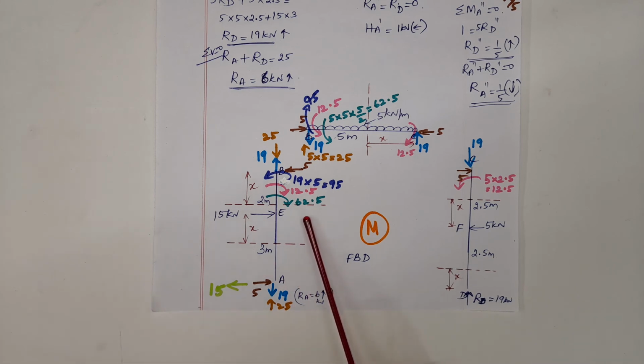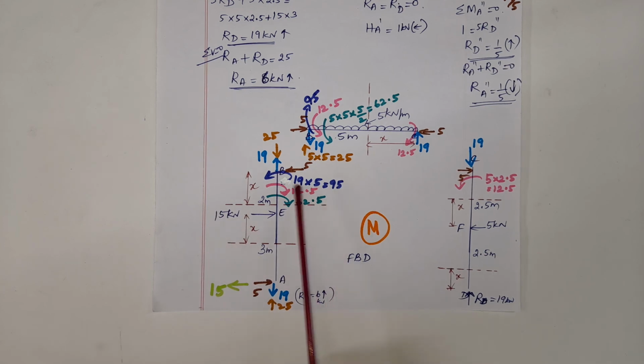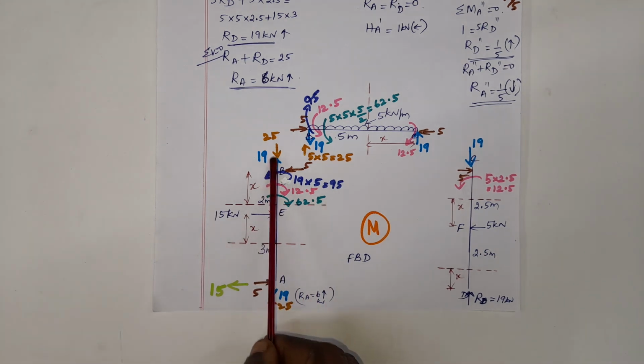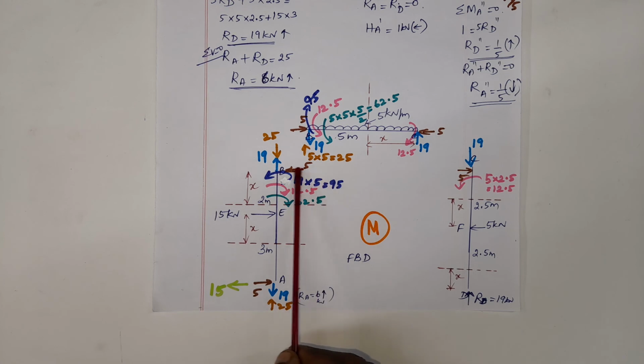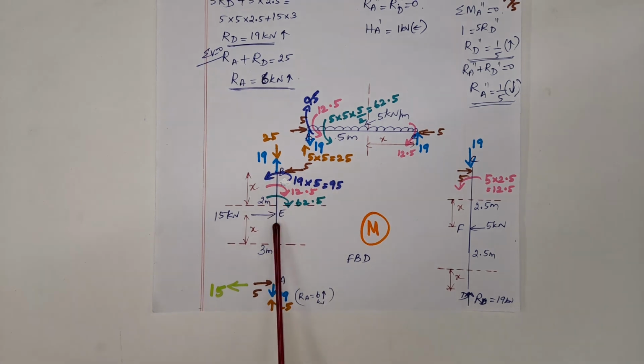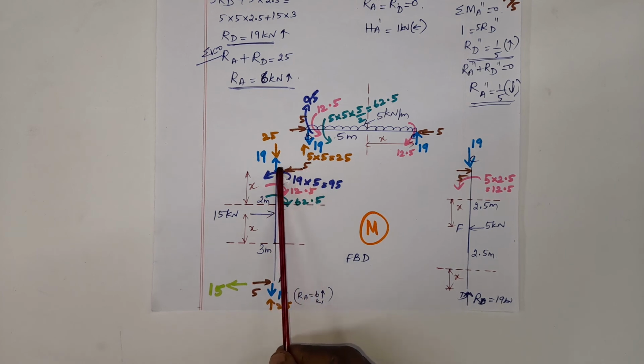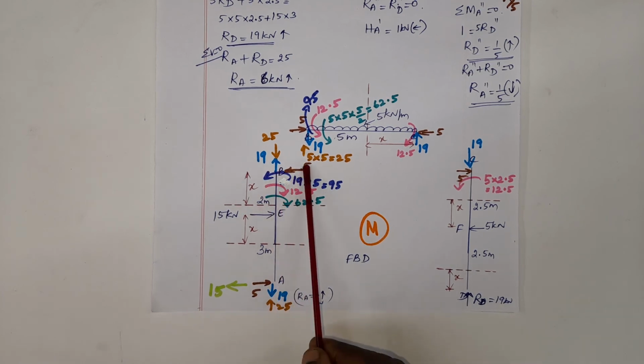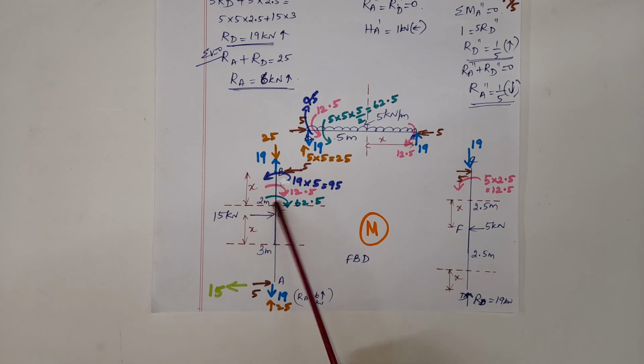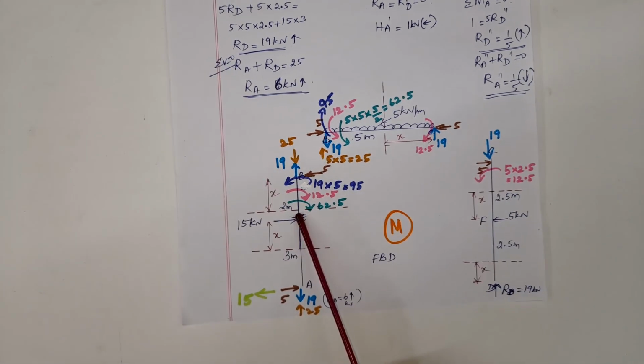Let us consider this portion. Let us consider for BE, we have taken a section. So at B, we have two loads acting axial. We have 5 kilonewton acting perpendicular to BE. There are a set of moments. 5 kilonewton has a perpendicular distance, but check, it is acting towards the section, pushing the column inward.